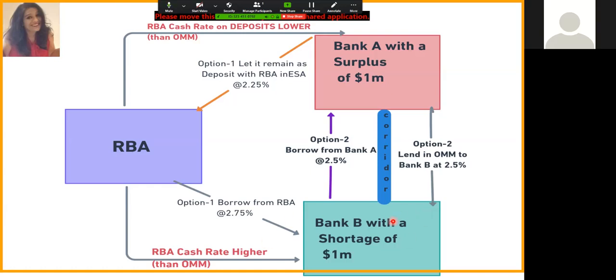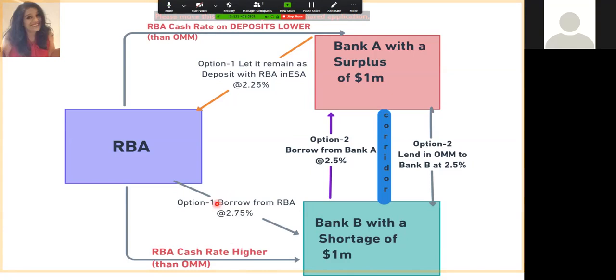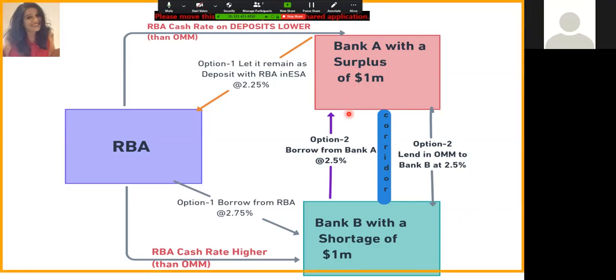What this bank could also do, pretty much the same, because we have said the Reserve Bank is the banker's bank, and thus this bank can borrow some money from the Reserve Bank, as in an example here, from RBA, let's say at 2.75%. Alternatively, it could borrow the same money from the banks which have got a surplus in the overnight money market.